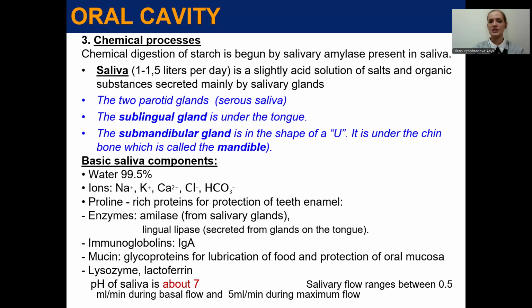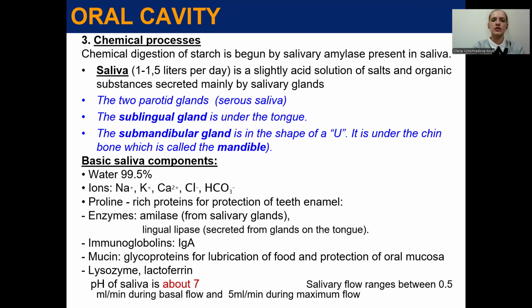And you know that amylase is responsible for breaking down carbohydrates. That's why if you take some carbohydrate food, for example, some pasta or a piece of bread, but not sweet bread, and you chew it a long time, like 1 minute, you will feel a sweet taste because the carbohydrate is broken down to glucose.